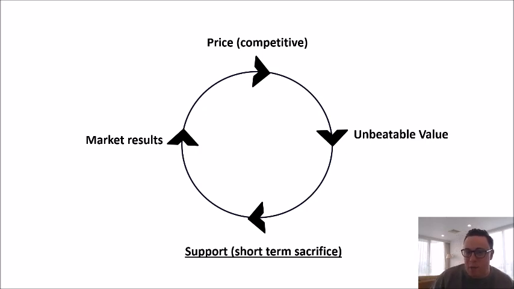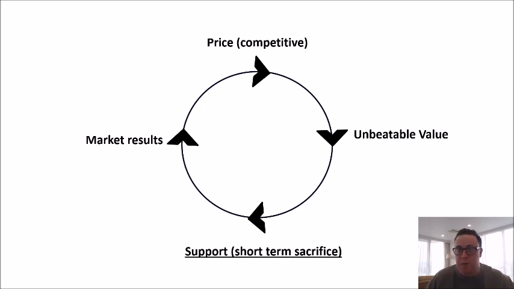So guys, how does this flywheel work together? Well, if your price is competitive, you're going to be competitive in a market where your course just seems cheaper. So you have more chances of people joining your course if it's cheaper. But then you have to go to the next level, which is to provide unbeatable value. If you look at your market right now, guys, what is your competition not offering? Are they not offering lifetime access?